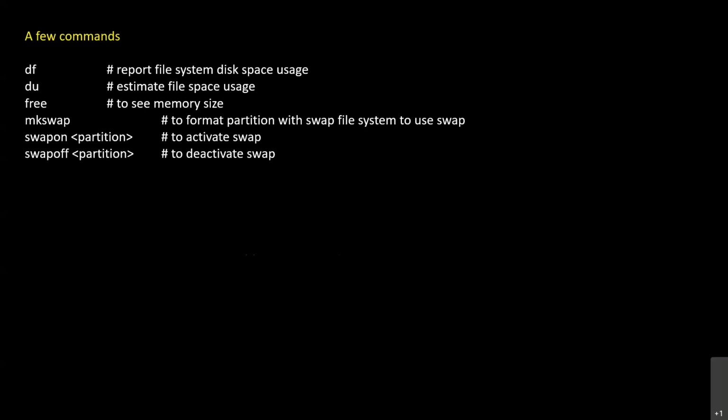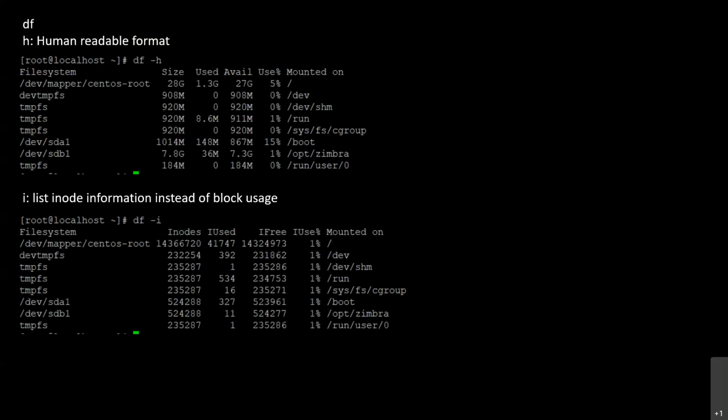So if we come to df, if you want to see the file disk spaces or partition space in human readable format like megabytes or gigabytes, we can use df -h. And if we want to see the inodes usage, we can use df -i.